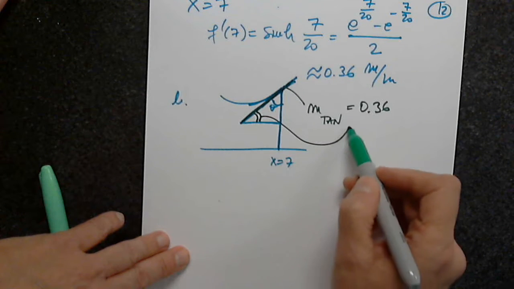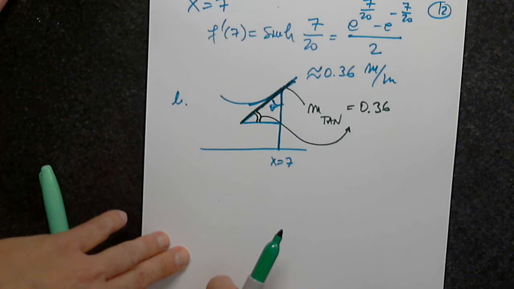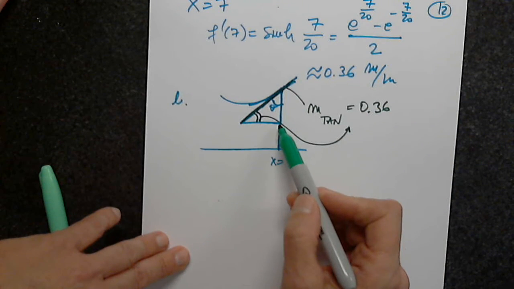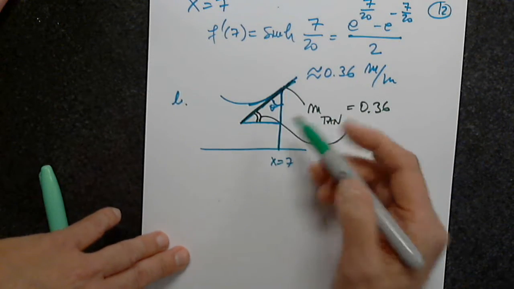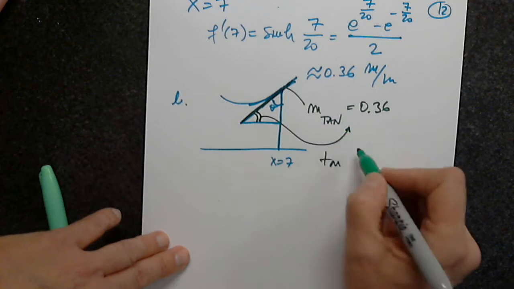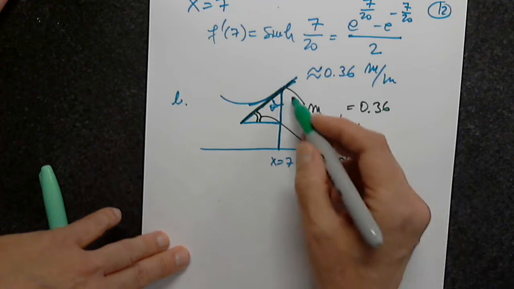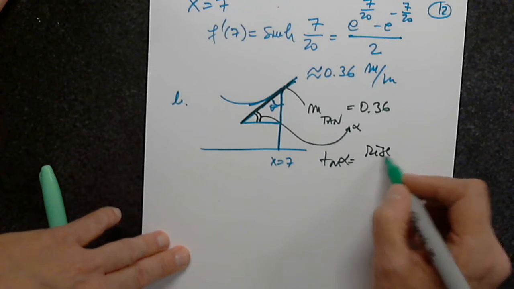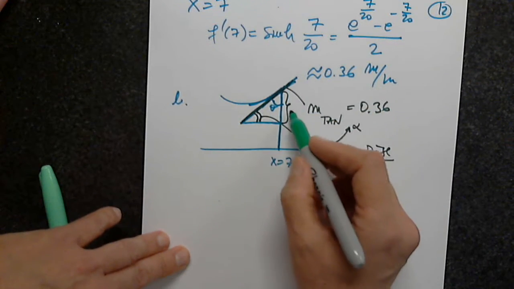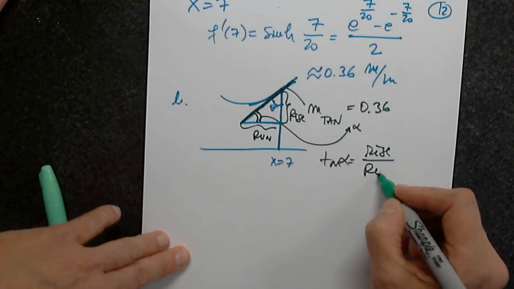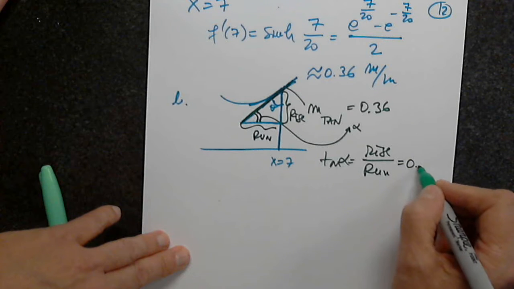That is the slope, in other words, rise over run. That's what I meant to say. Rise over 1. So tangent of this angle alpha is rise over run, which is 0.36.